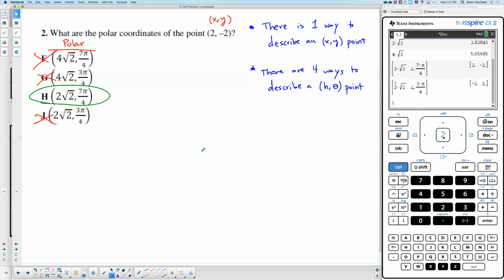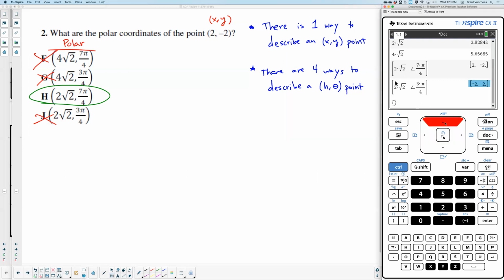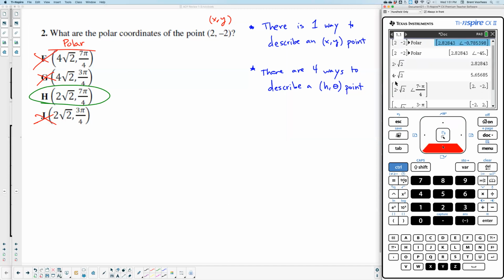So here's my point in showing you this. The first time I converted the x and y to polar, when I did menu 7C4, that first time, let me scroll up here. It gave me this answer right there. That answer did not happen to match any of my answers on there. Even if we said, okay, that is 2, they gave me a negative angle right there.